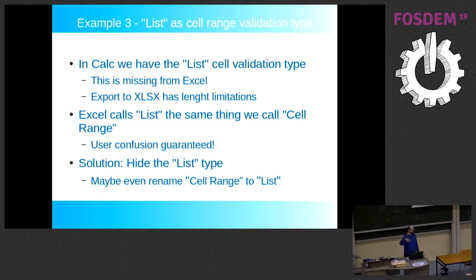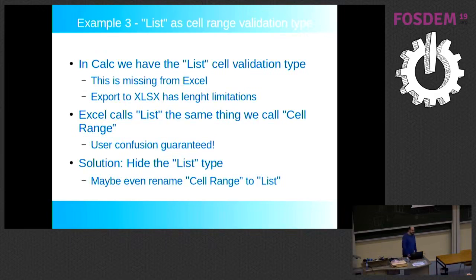We can just enter items in a list in the dialog window, and they appear as validation options. Well, Excel doesn't have this feature, not at all. This type of list doesn't exist there. And we can export this to XLSX, but with some limitations on the length.